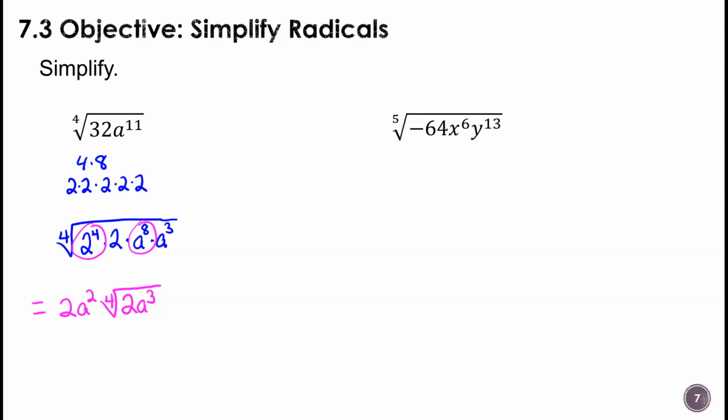All right, so let's factor. 64 is 2 times 2, like when you're talking about 32, right? So 64 has a bunch of 2s. If this was, say, negative 8 times 8, that's going to be 2s, right?